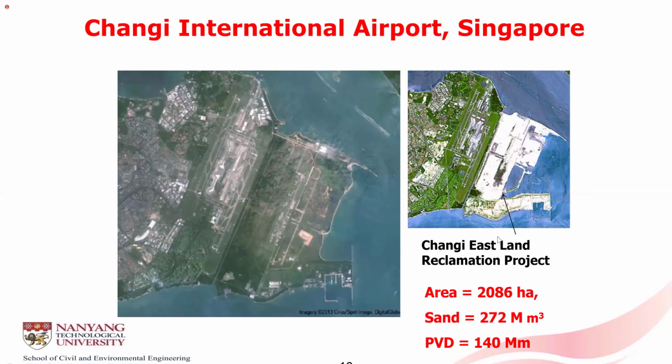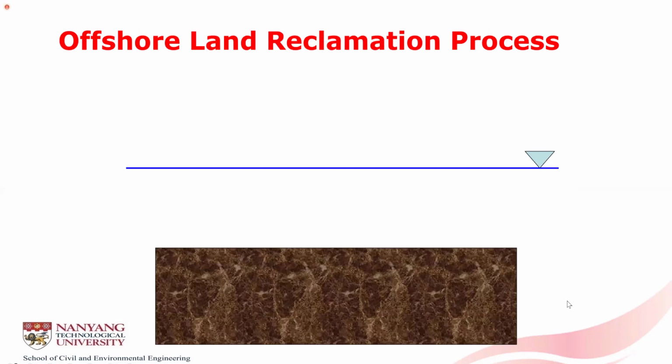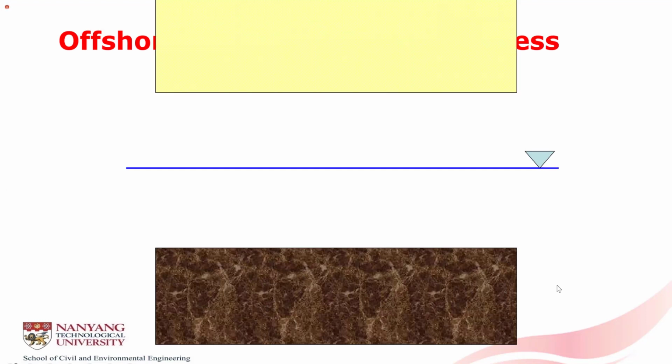The total area for this land reclamation project is more than 2,000 hectares and used more than 270 million cubic meters of sand and 140 million meters of PVD. If we use sand, the land reclamation process can be illustrated as follows.